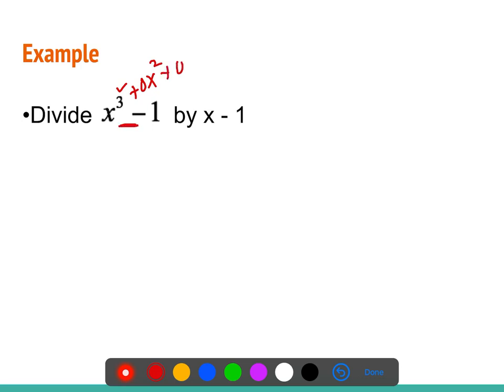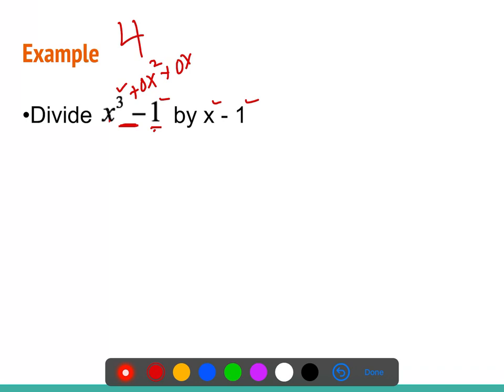Okay, now I look at this guy, and I notice he's got x cubed, but he doesn't have an x squared, so it's like he has a 0x squared. He doesn't have an x in here, so it's like a 0x, and then he does have the number. Over here has x, and then it goes down a power to just the number.